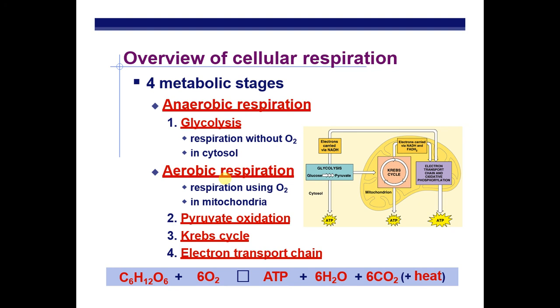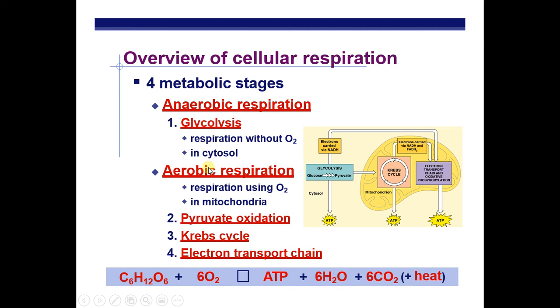So what we're going to look at in the coming days is the stages of cellular respiration. We are going to talk about the anaerobic parts that include glycolysis, which can occur without oxygen.